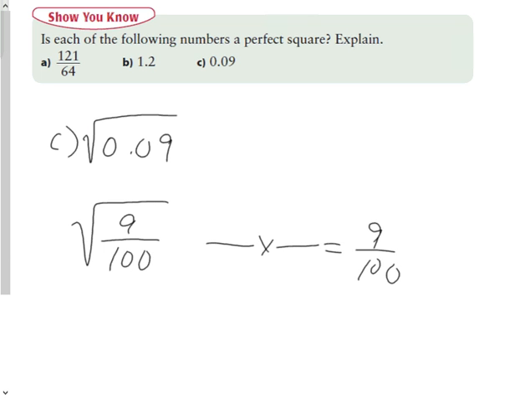And since both the numerator and denominator are perfect squares, we're going to have 3 as our numerator, we're going to have 10 as our denominator. So therefore, expressing that in rational form, I know the square root of 9/100ths is 3/10, and in decimal form, 0.3. So 0.3 multiplied by 0.3 will give us 0.09.